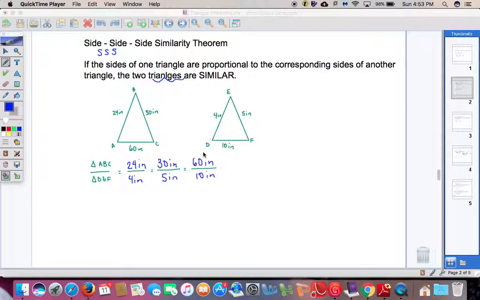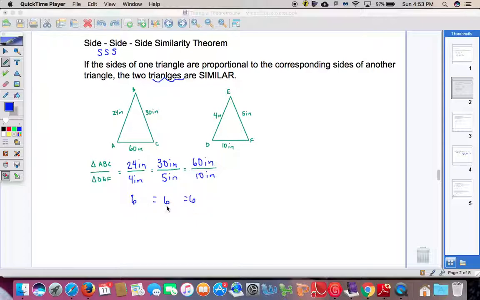Now I need to know, are these ratios proportional to each other, or are these sides proportional to each other? So I'm asking, are these ratios equivalent to each other? So 24 divided by 4 is 6. 30 divided by 5 is 6. 60 divided by 10 is 6.